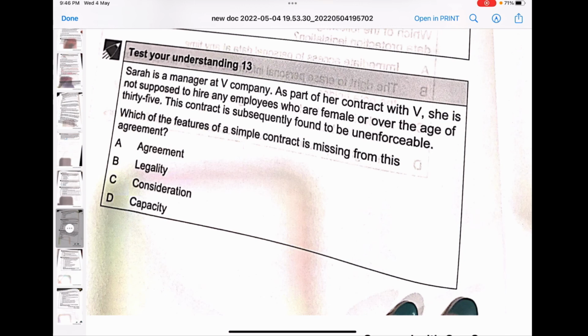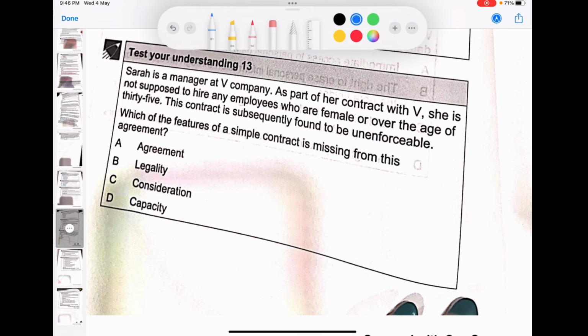Why? Because the contract involves discrimination against some potential employees, which is illegal in most jurisdictions. So it is B, legality. Also, remember that a contract is not valid if it requires one or more parties to break the law.